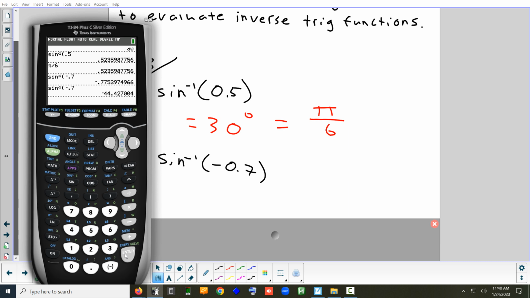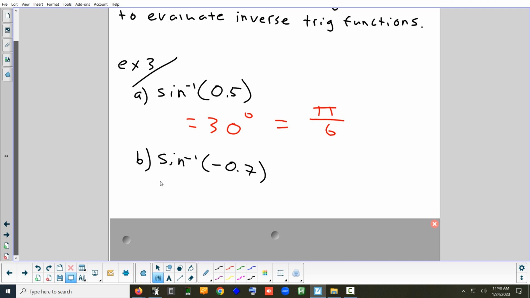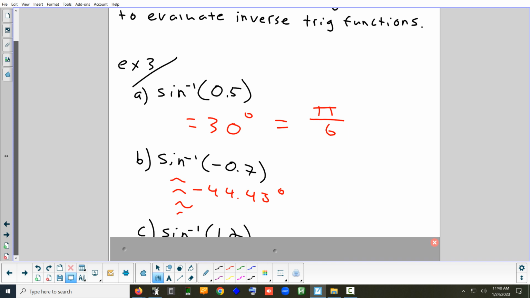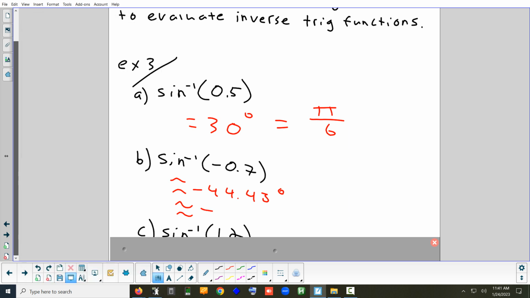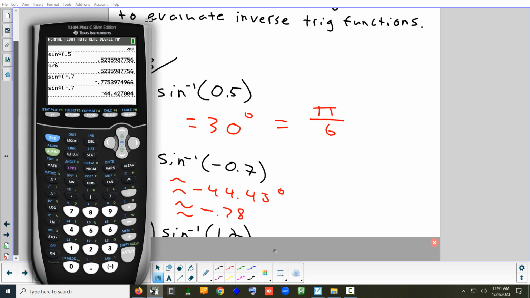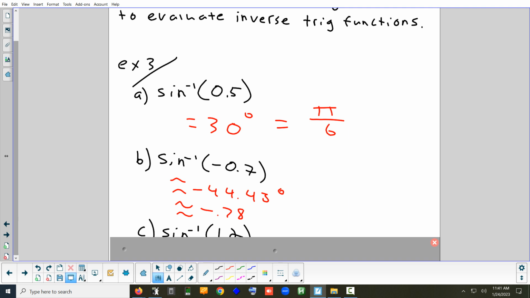So it's about negative 44.43 degrees, which is equivalent to about negative 0.78 in radians. Sorry, how did you find that? Just do it in radians instead. Yeah, I typed the same thing in, I switched the mode on the calculator. So I wouldn't ask you to find an exact answer in a problem like B.